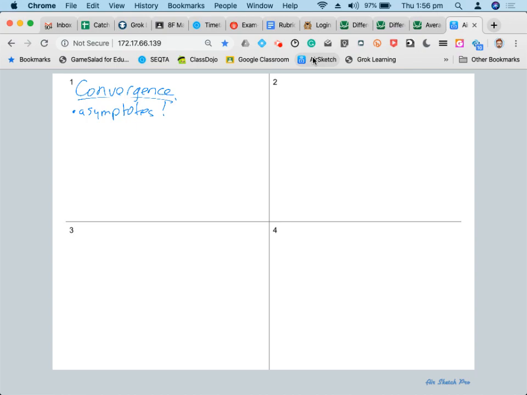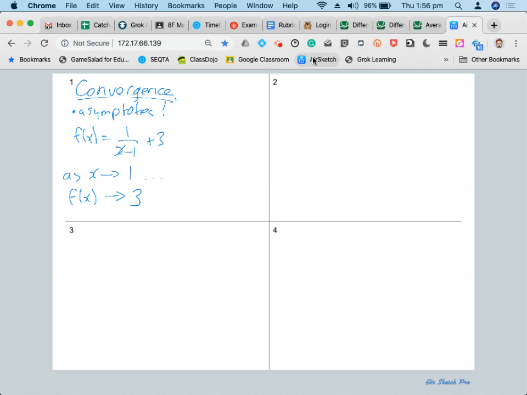So if I have a function, say for example, f of x equals 1 over x minus 1, plus 3, we can say as x approaches 1, f of x approaches 3. And we normally do that as an asymptote.